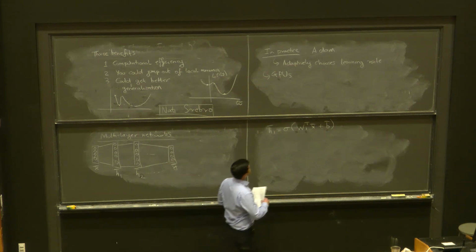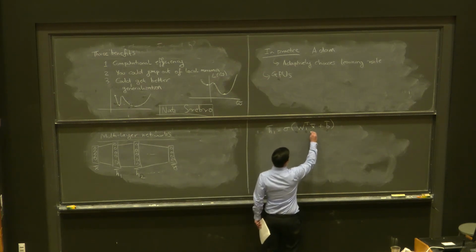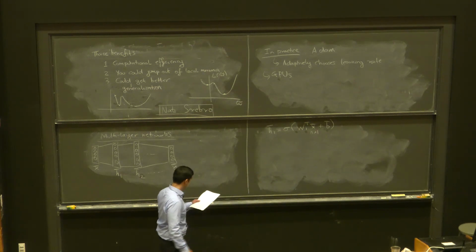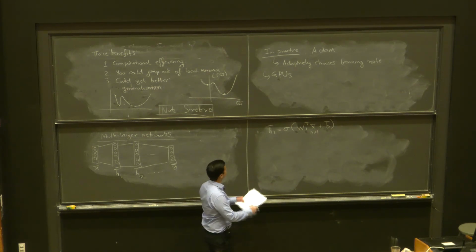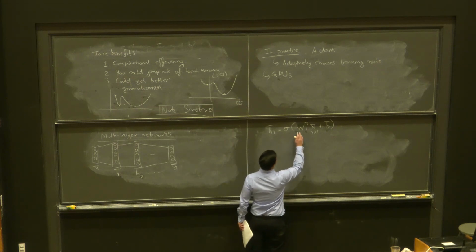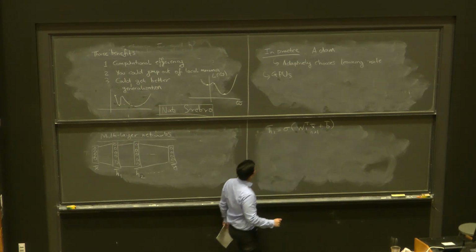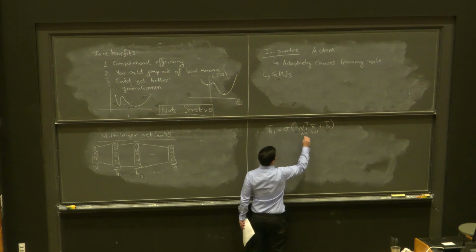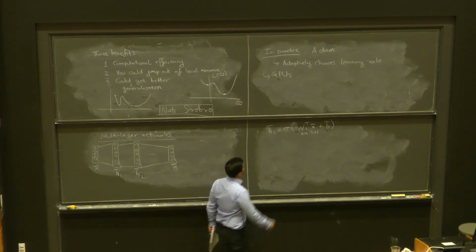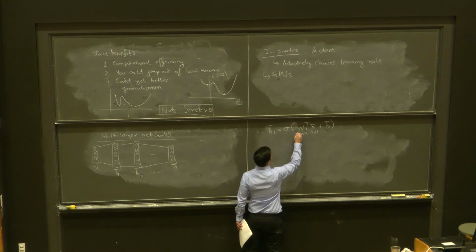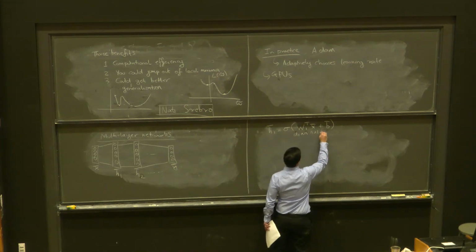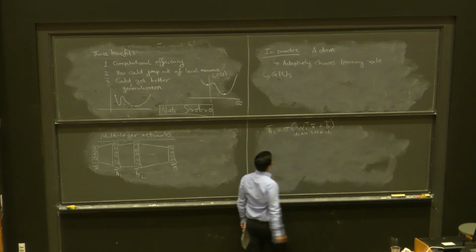So let's say x has dimension n by 1. W1 transpose will have dimension D1 by n, and the bias has dimension D1.